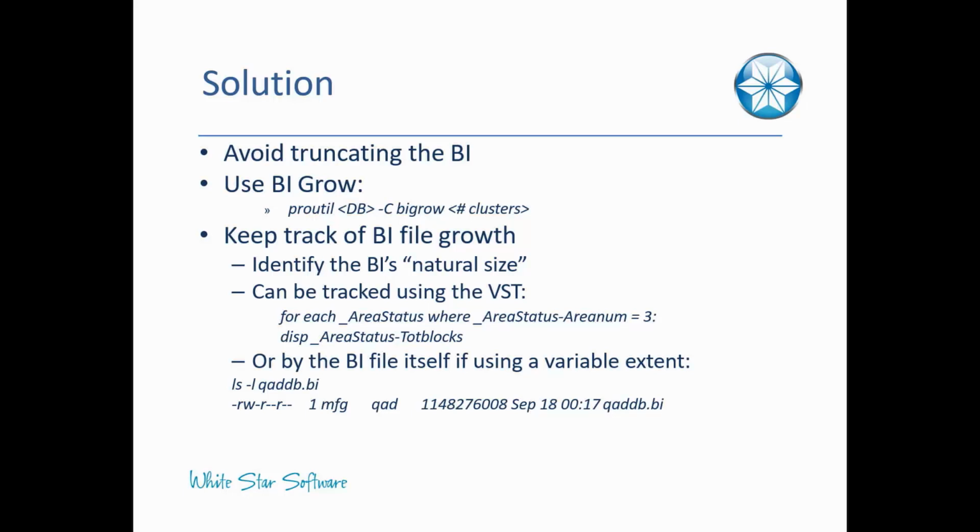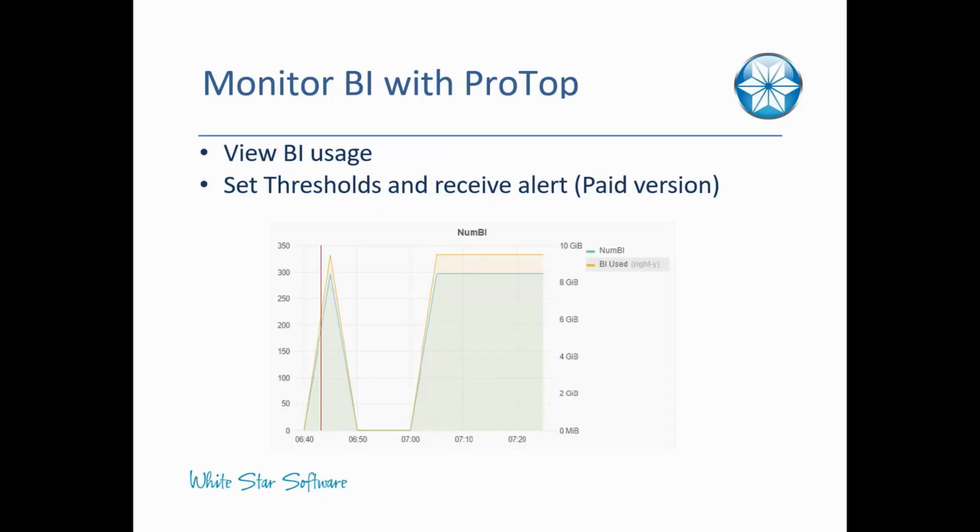So keeping track of the growth, you could also look at the VST file or the BI file itself. If you happen to be using a variable extent, you could look at the BI file size and see what the size is. Or what's even more useful is look at how much of the BI file is being used. So rather than looking at the size, finding out how much of it is used.